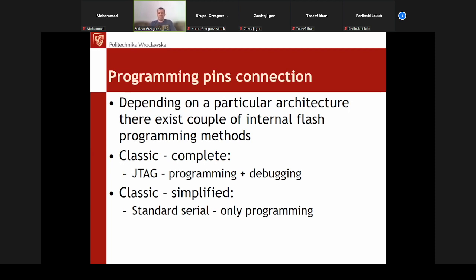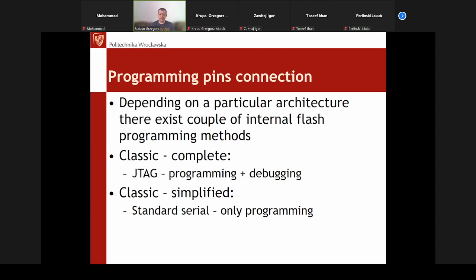The problem with JTAG from a practical point of view is that we need to have this kind of interface available. These interfaces got cheaper over time, so today JTAG is not such a problem, but sometimes it's still expensive. Therefore, quite often in microcontrollers, it's possible to use simpler interfaces for programming.